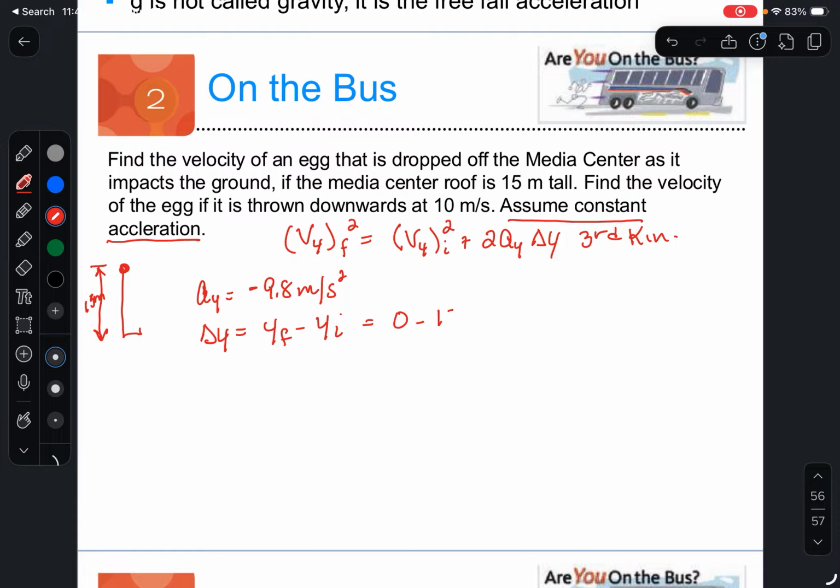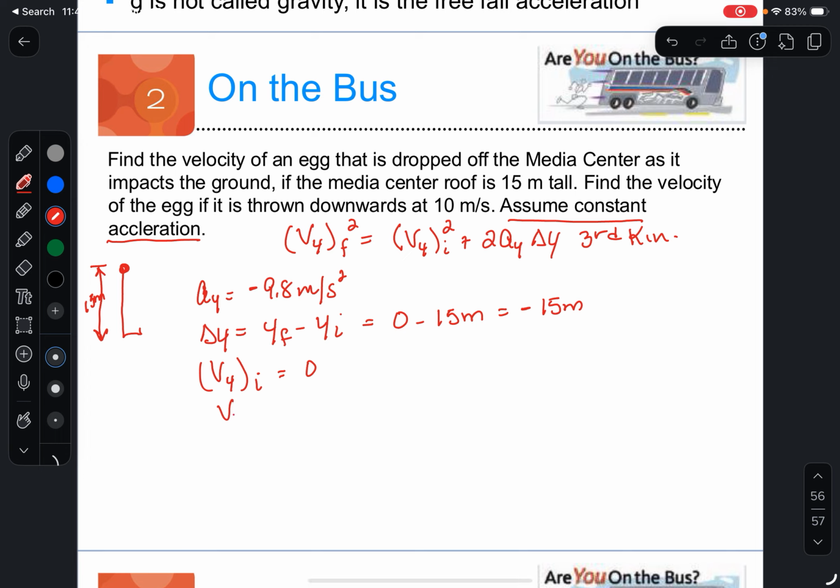We're starting out with 15 meters, so delta y is going to be negative 15 meters. Our initial velocity, Vy initial, the ball's just sitting there, so it's 0.